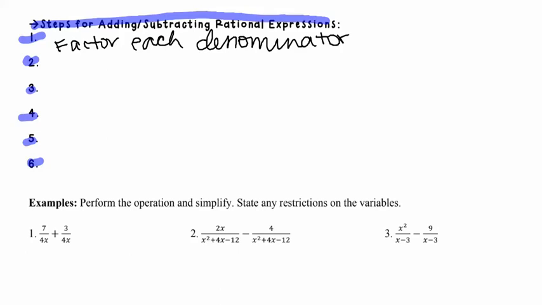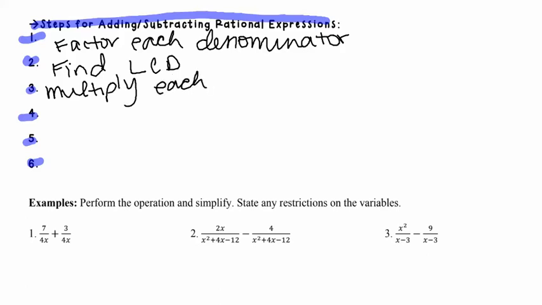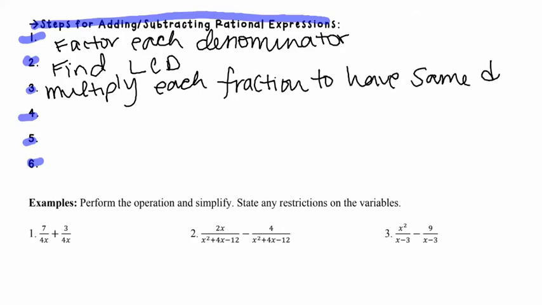Step 2, find the least common denominator, just like we did above. Step 3, multiply each fraction to have the same denominator.